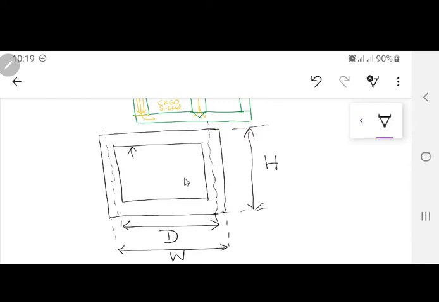This to this, we have already found out, is equal to the height of the transformer.